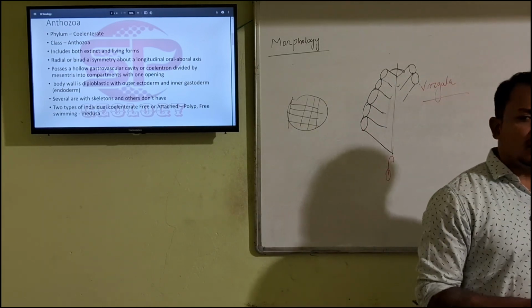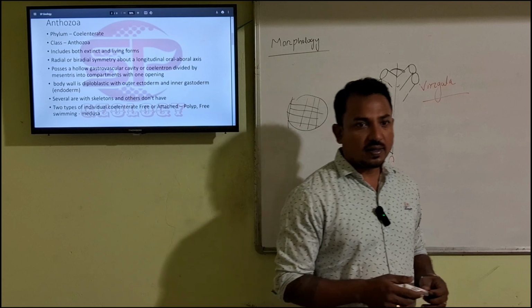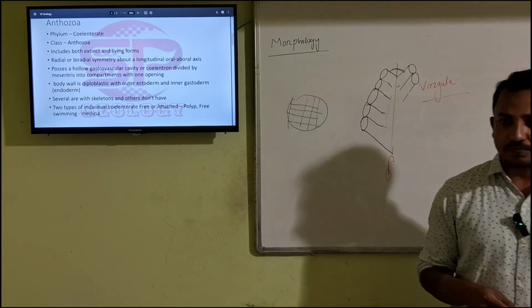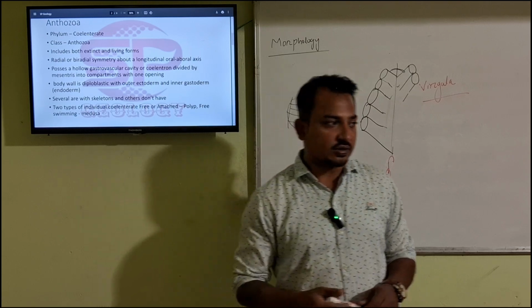Under Anthozoa, you will find coral. Coral belongs to Anthozoa. So these are characteristics of the Anthozoa class.